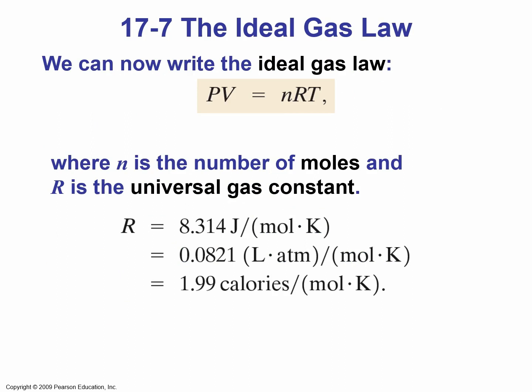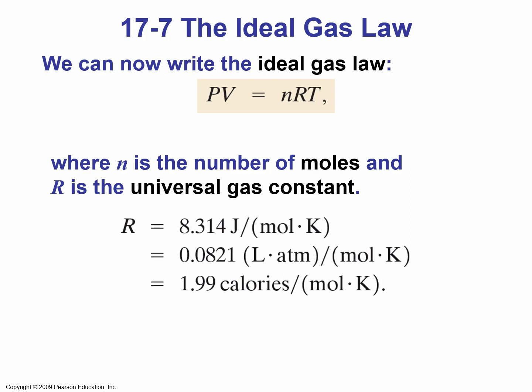We can now write the ideal gas law. Pressure times volume equals number of moles times R times T. And here R is the universal gas constant, which converts the proportionality equation into an equality. And n is the number of moles. So PV equals nRT is the ideal gas law equation.